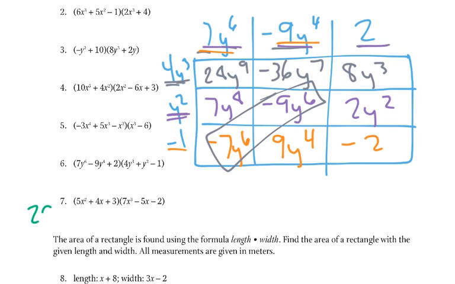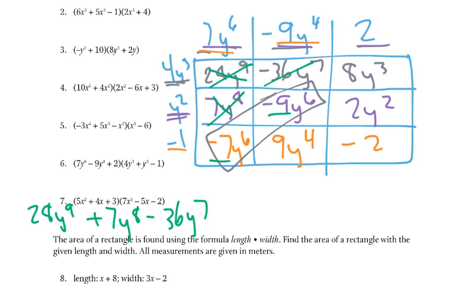So we'd start out 28y to the 9th plus 7y to the 8th minus 36y to the 7th. Then negative 7 and negative 9 would give us negative 16y to the 6th. Combine those right now. Then 9y to the 4th.